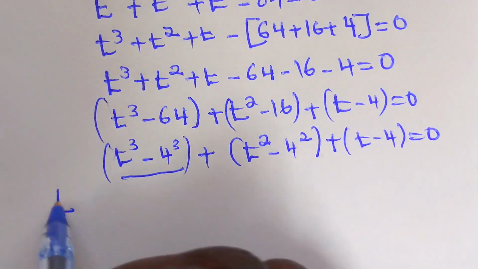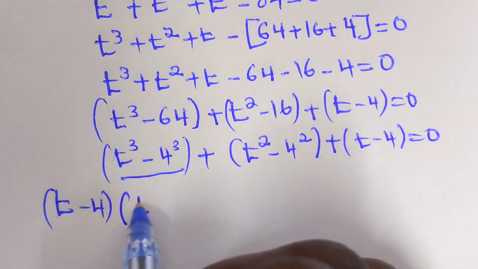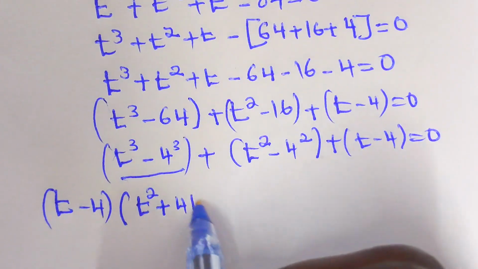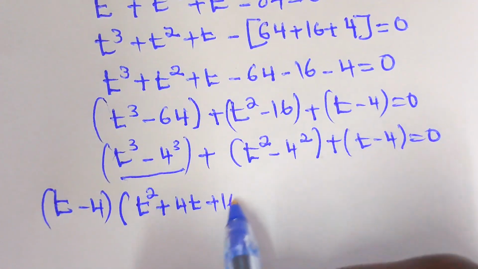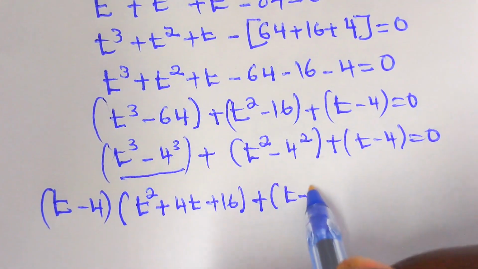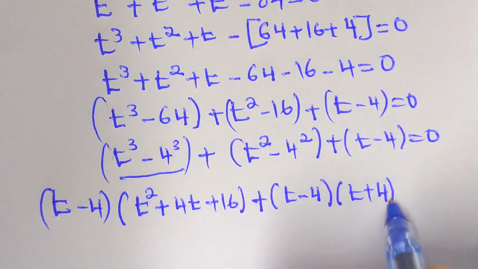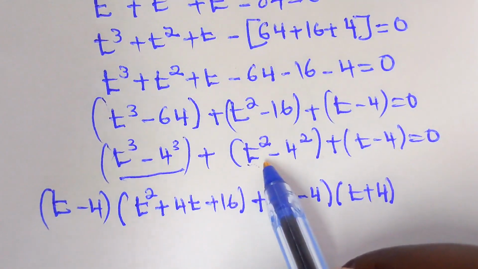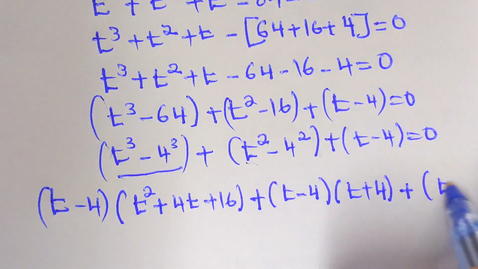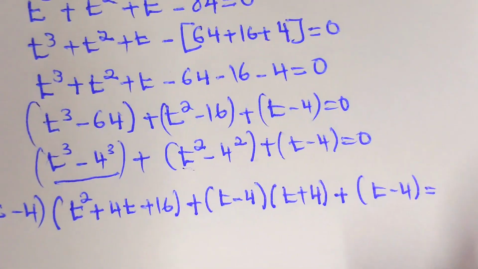This is equal to (t - 4)(t^2 + 4t + 16) + (t - 4)(t + 4), because it is a difference of two squares, plus (t - 4) equals what?